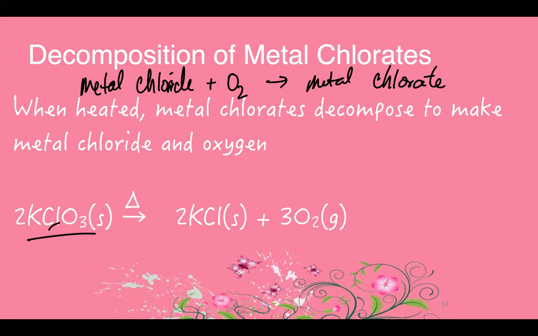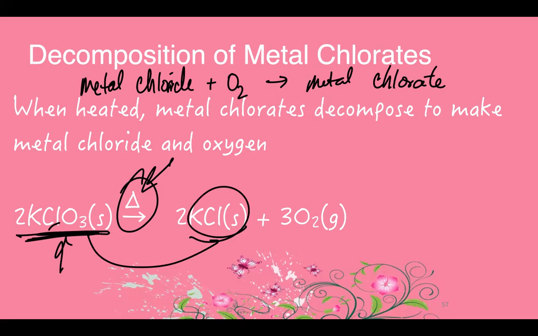So here we have potassium chlorate. Again, we're decomposing. We have only one reactant and we have the delta sign. So metal chlorate decomposes to metal chloride. Again, you have to be able to write the formula properly, and oxygen. So if I have KCl plus O2, then you think to yourself, okay, that is synthesis and it's a metal chloride plus oxygen, metal chlorate.